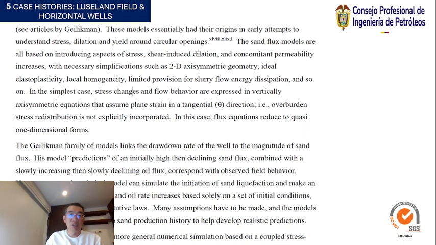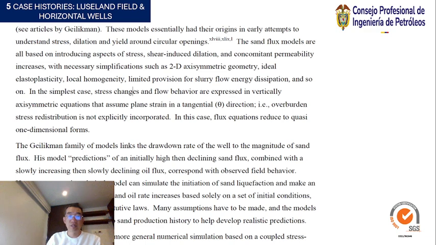The Geilikman family of models links the drawdown rate of the well to the magnitude of sand flux. His model prediction of an initial high then declining sand flux, combined with slowly increasing then slowly declining oil flux, corresponds with observed field behavior.